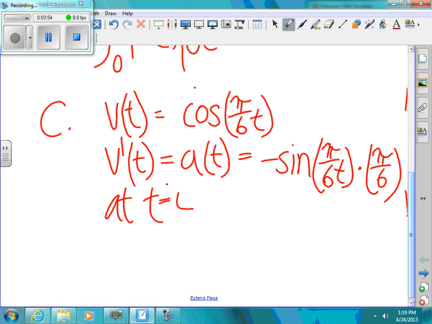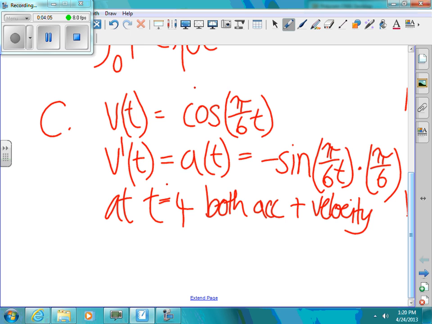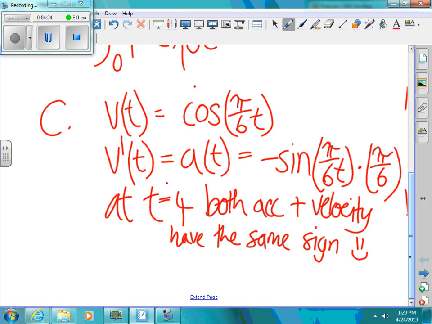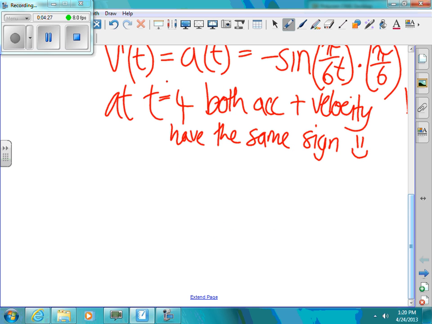They have the same sign, so speed is increasing.